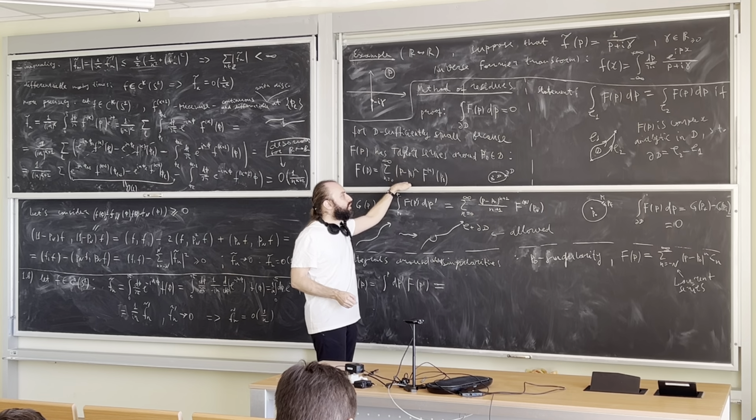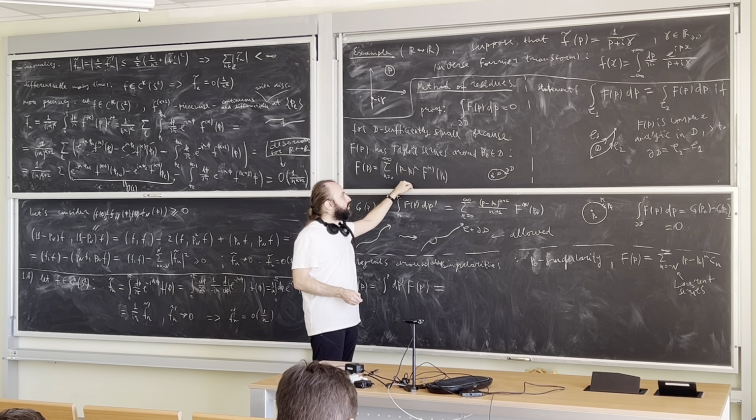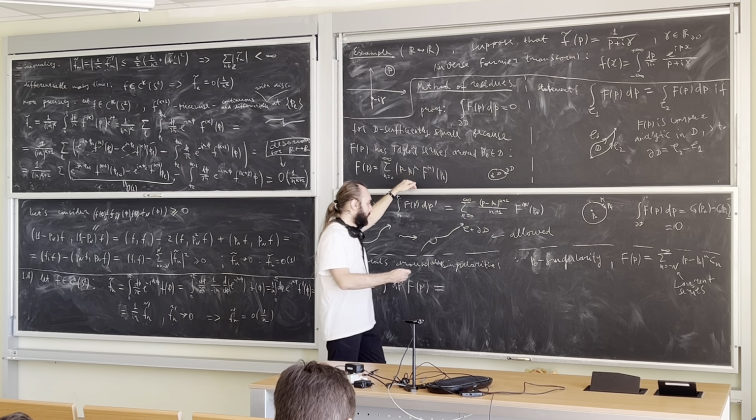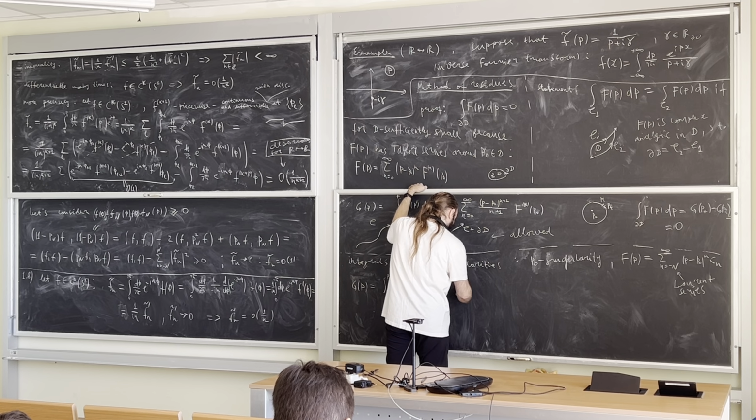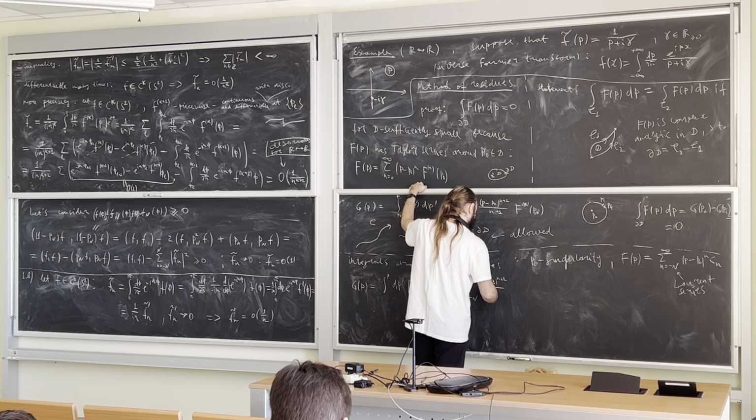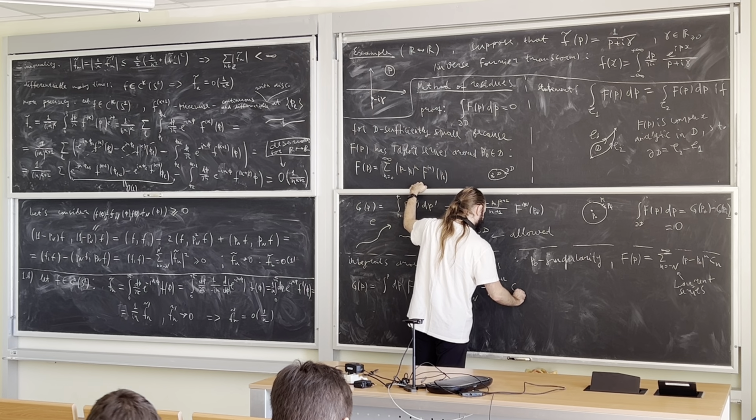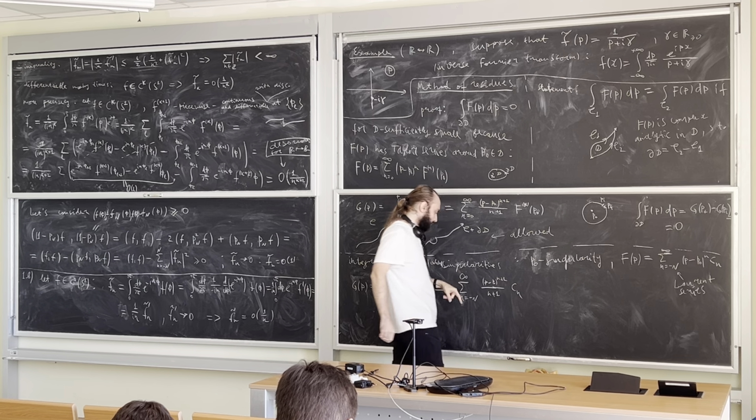In principle, we understand that the same formula as here can be written also in this case: the sum from n equals minus n to infinity of (p minus p0) to the n plus 1, over n plus 1, times c_n. We can write such an integral.